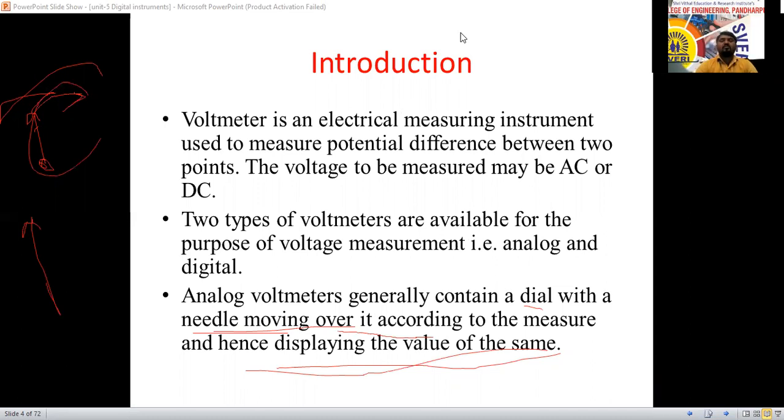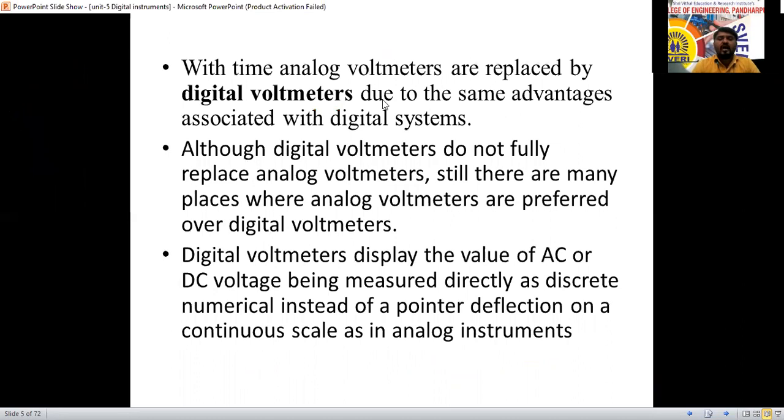So in the digital, what will happen here now? With time, as the technology varies, analog voltmeters are replaced by digital voltmeters.